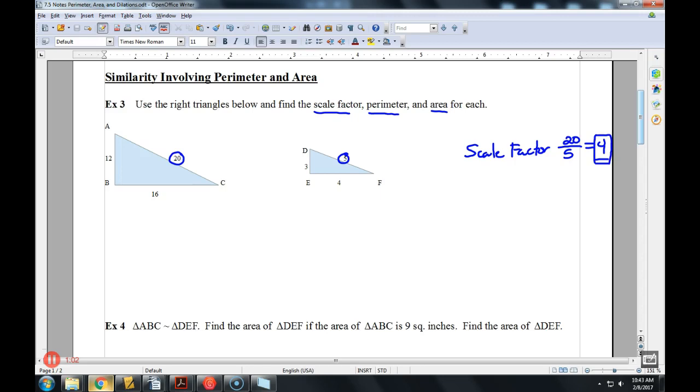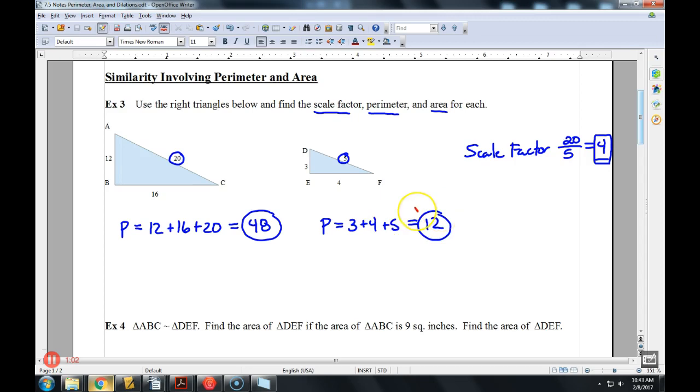Now let's find the perimeter and the area for both, and see what happens. For this big shape, when I add up all the sides, that would be 12 plus 16 plus 20 for a grand total of 48. The perimeter of the small one is 3 plus 4 plus 5, which is 12. And this is exactly what I think should happen.